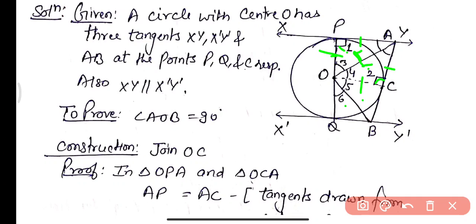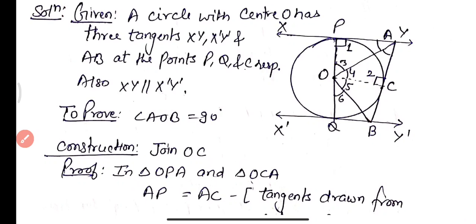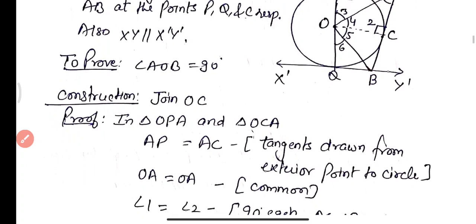So first of all we have to do the construction, that is, join OC. Now in the proof part, take triangle OPA, you can see this triangle, and OCA, this triangle. Now in triangles OPA and OCA, AP equals AC, that is, tangents drawn from an exterior point to the circle.